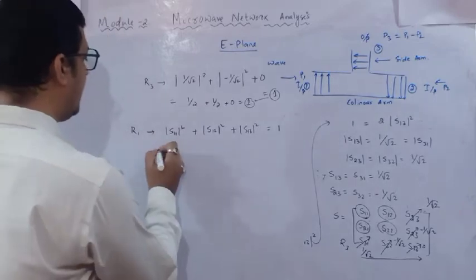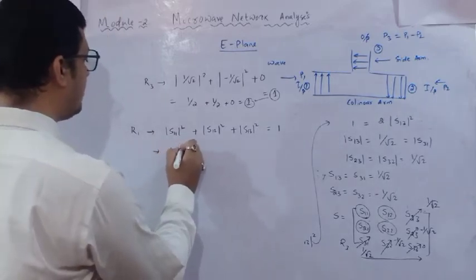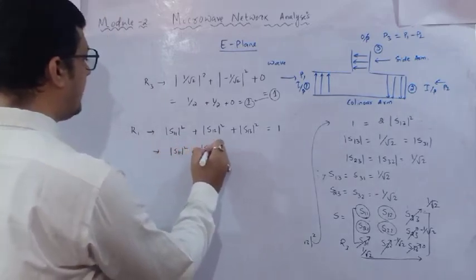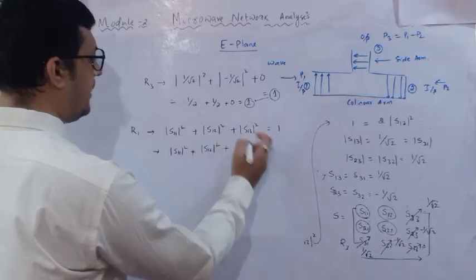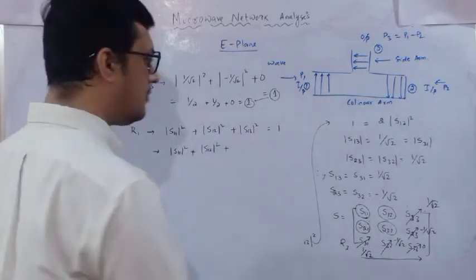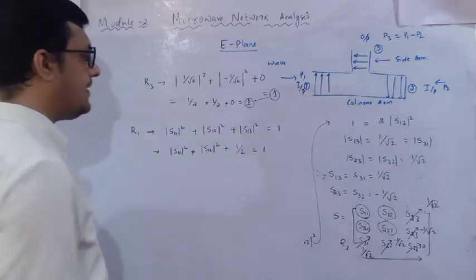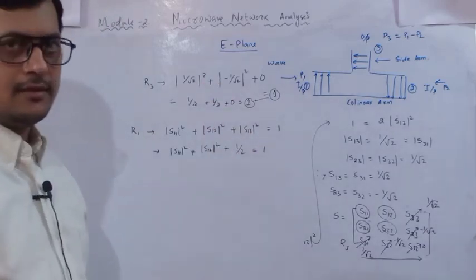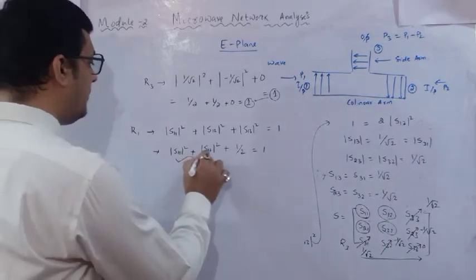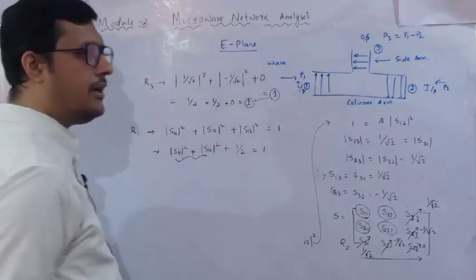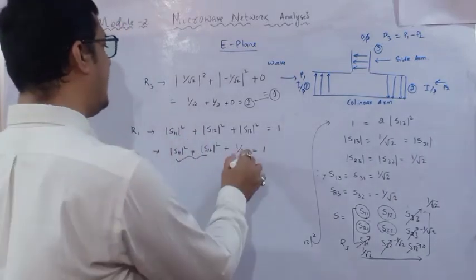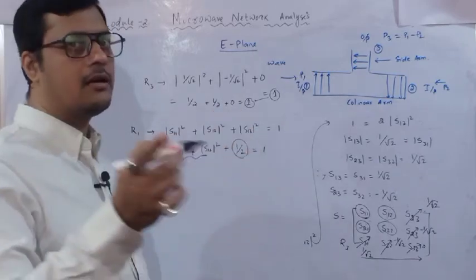Now here the unknown factors are mod S11 square and S12 square, and S13 is already 1 by root 2. So 1 by root 2 mod whole square is 1 by 2. It must be equal to 1. That means what should be the combination of S11 and S12 square so that it adds with this half to become 1?